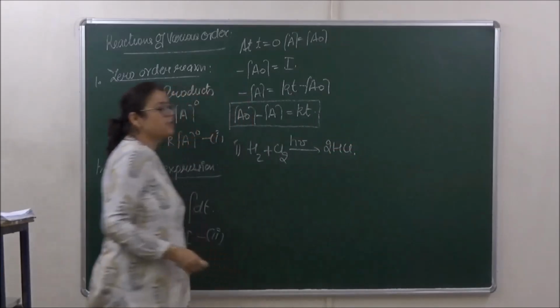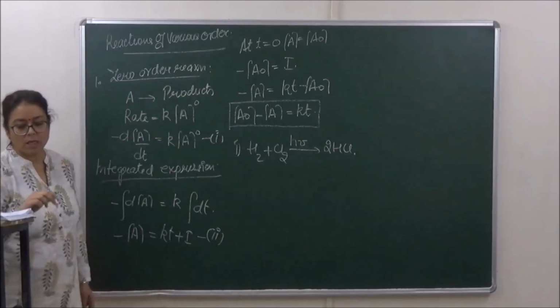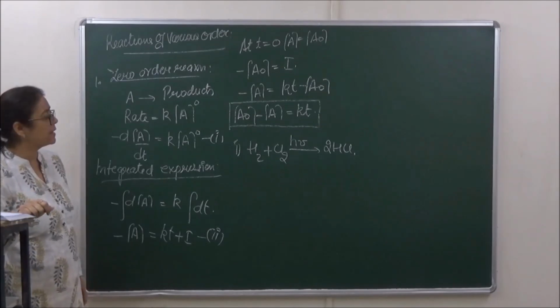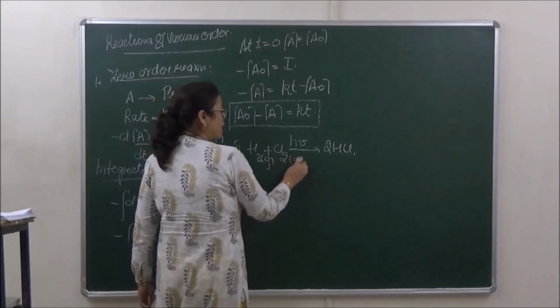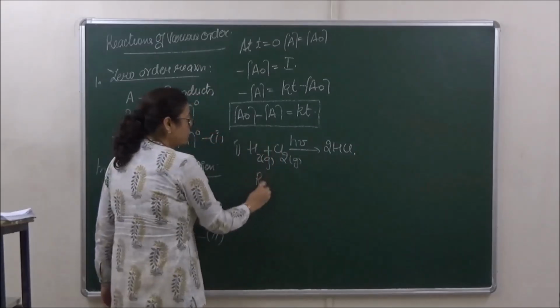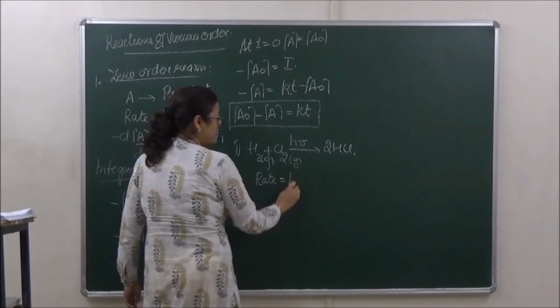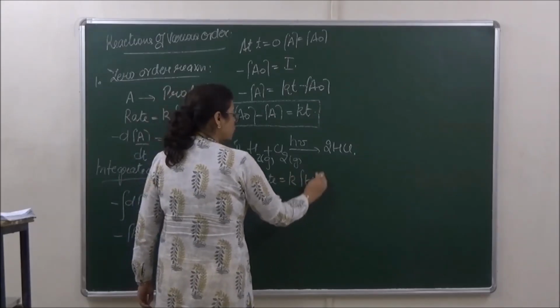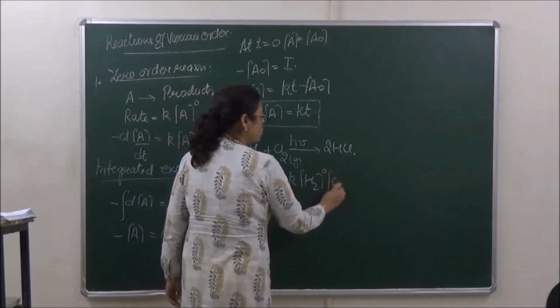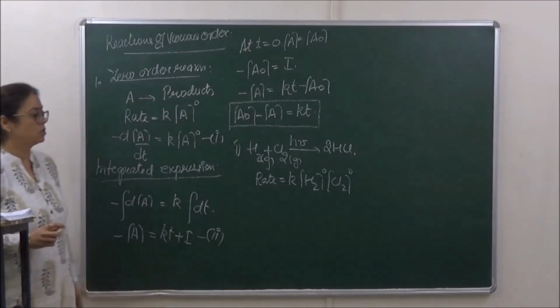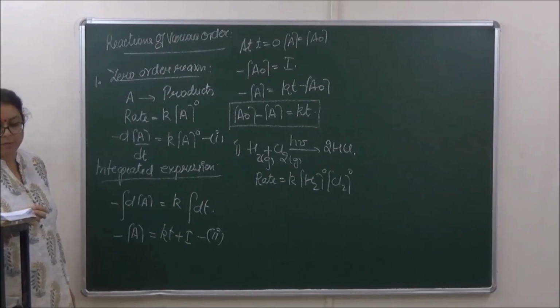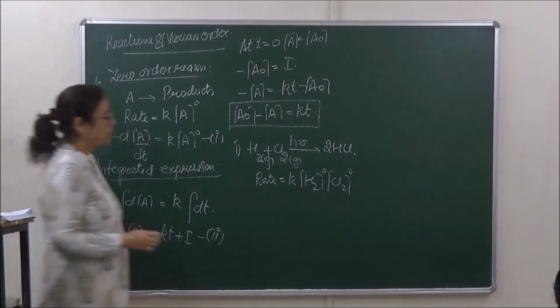This behaves as a zero order reaction because the rate is independent of the concentration of both hydrogen and chlorine. So the rate of this can be expressed as K into concentration of H2 raised to power 0, concentration of Cl2 raised to power 0. Similarly, decomposition of N2O.